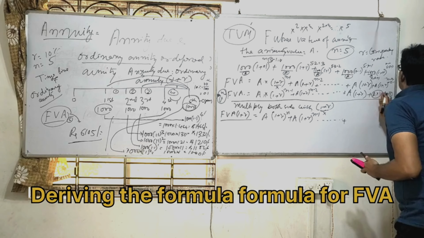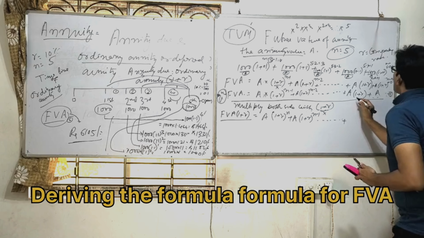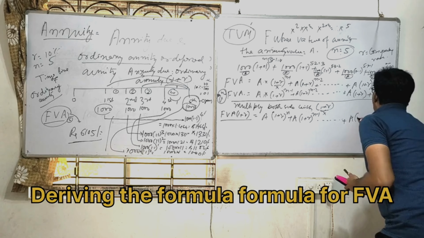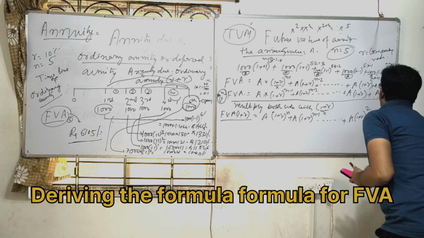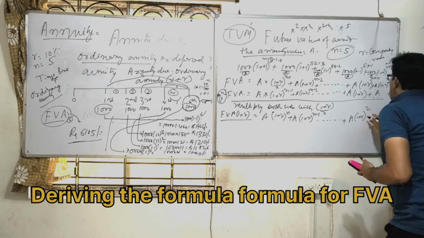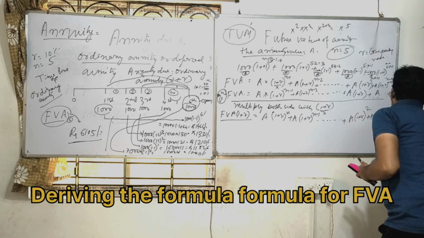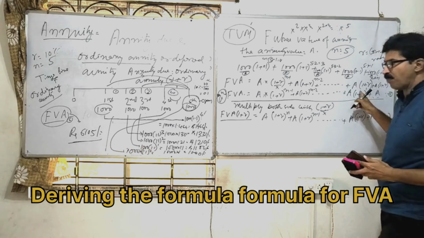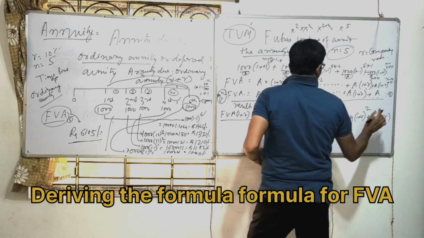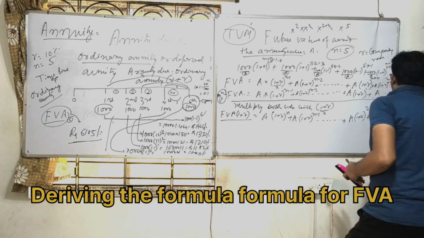I have shown you in detail. Now I am showing this. So this will be a into 1 plus r to the power 2, and this is a into 1 plus r. And r to the power 1 here, and another power 1 will be added, so r to the power 3. This is equation 2.